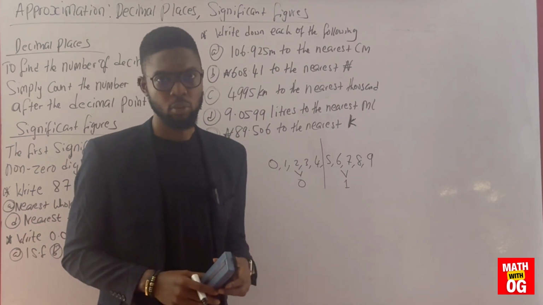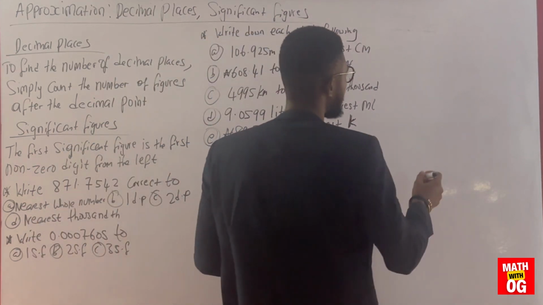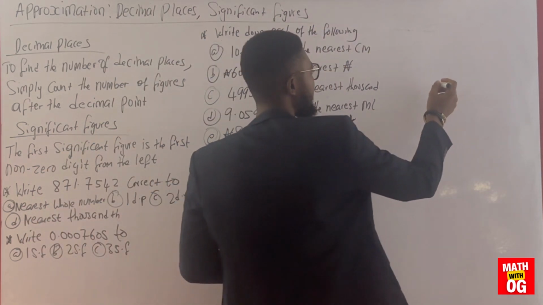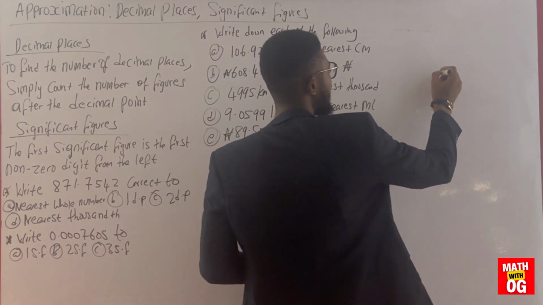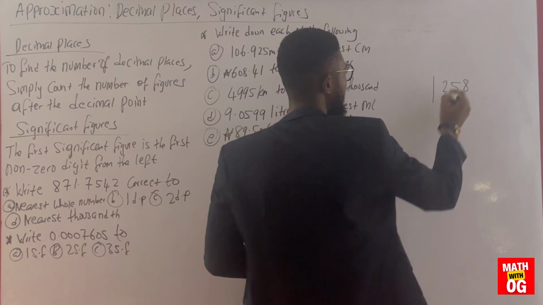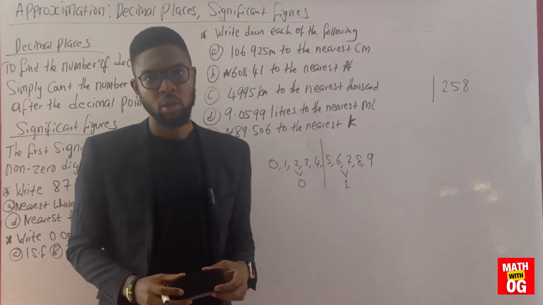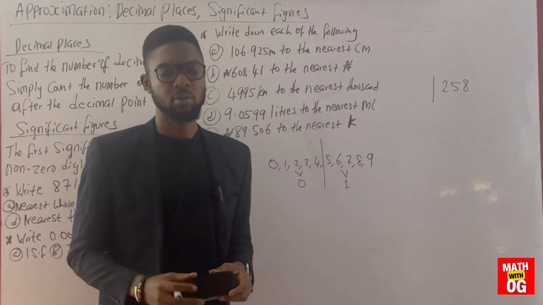So I'll give an example on what I mean. Let's say you are given a number, let me formulate a number, 1258, for example. You are asked to round off to the nearest thousand.